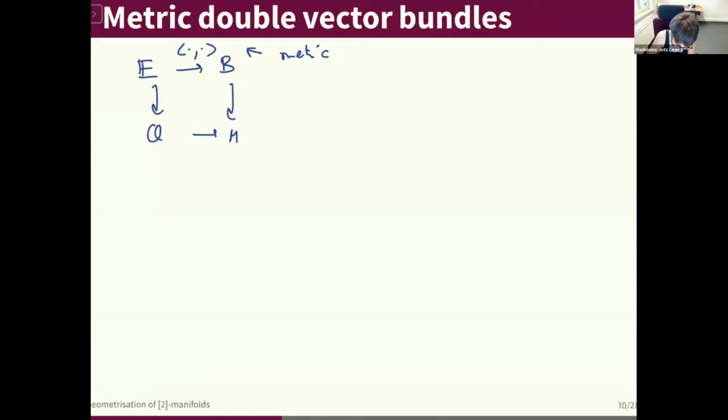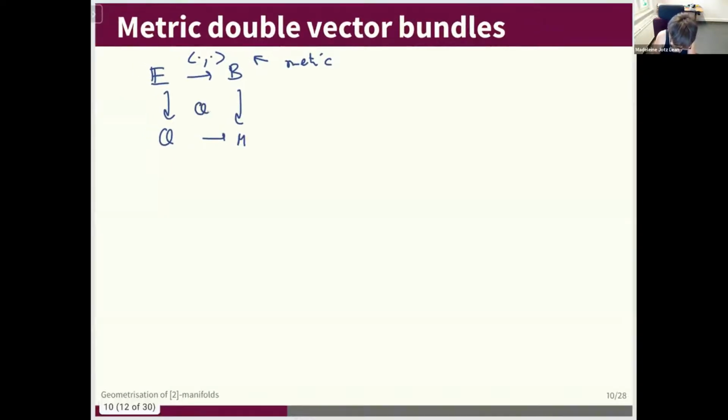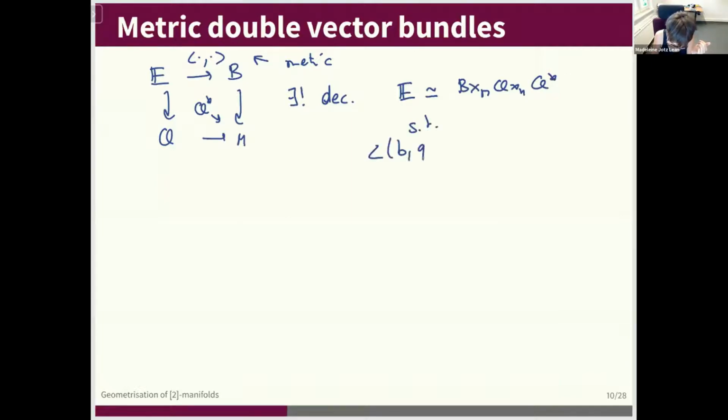I just say linear and non-degenerate imply that the core will have to be isomorphic to Q star, and there will exist a decomposition of E as B times Q star, such that the metric is just the pairing of (b, q, τ) with (b, q', τ'), same b, because the metric is in the fibers over B. It is just the canonical pairing, τ' on q plus τ on q'. So that's a metric double vector bundle.